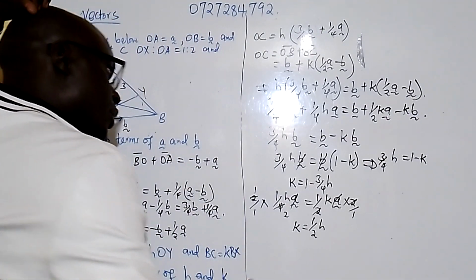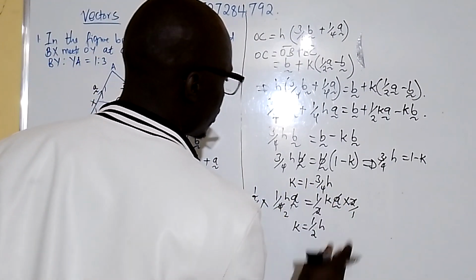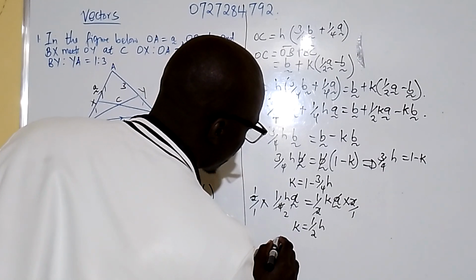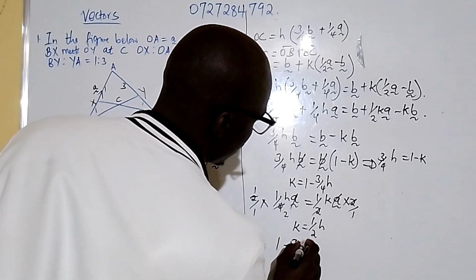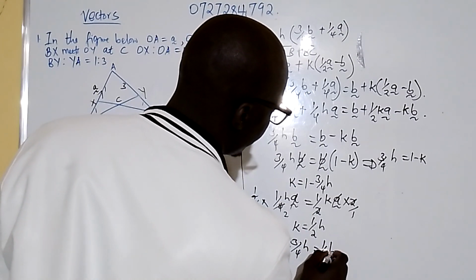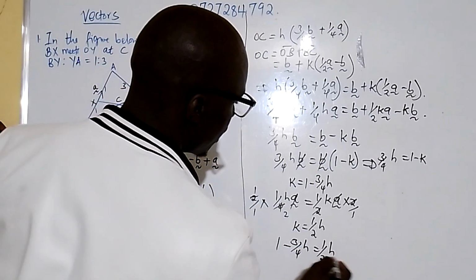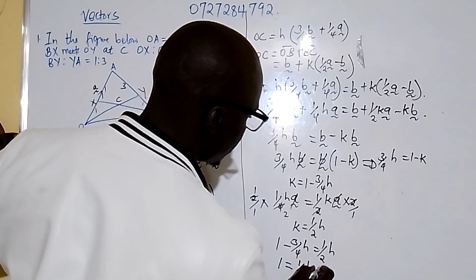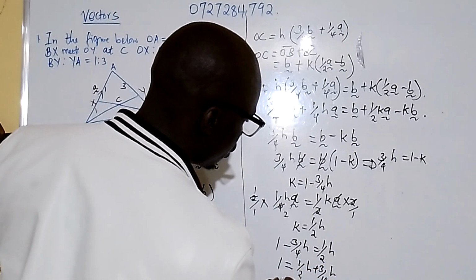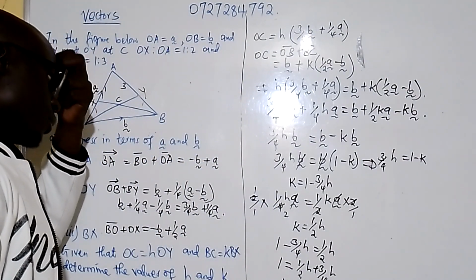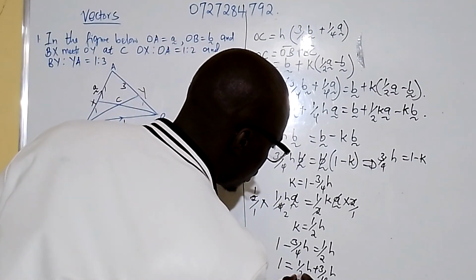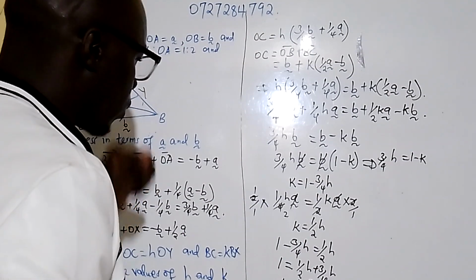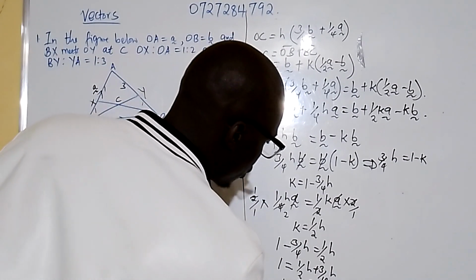But K, we have got K here. So this K is the same as this K, so therefore we can now say that 1 minus 3 over 4 H is equal to a half H. Collecting like terms, this one goes the other side, so that we have 1 equals a half H plus 3 over 4 H. So therefore 1 equals, LCM is 4, 2 plus 3.